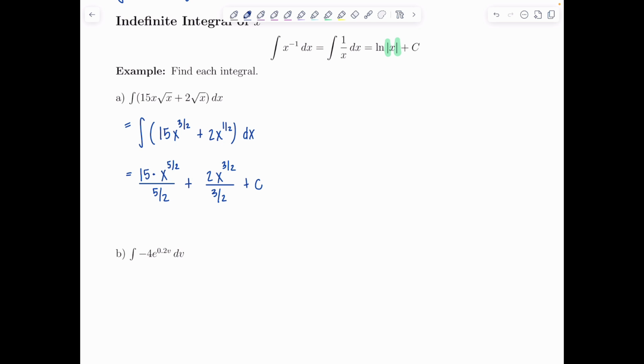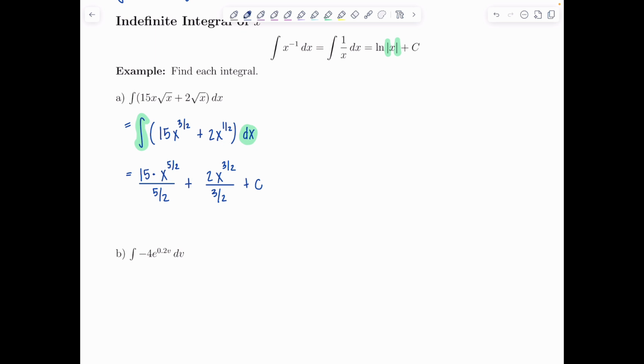Good. Okay, now we just have to call in the cleanup crew, but I want you to notice something. dx is gone, right? I took the antiderivative and I put plus c. So integral sign and dx, they go away at the same time. Your sandwich dissolves at the same moment, okay?